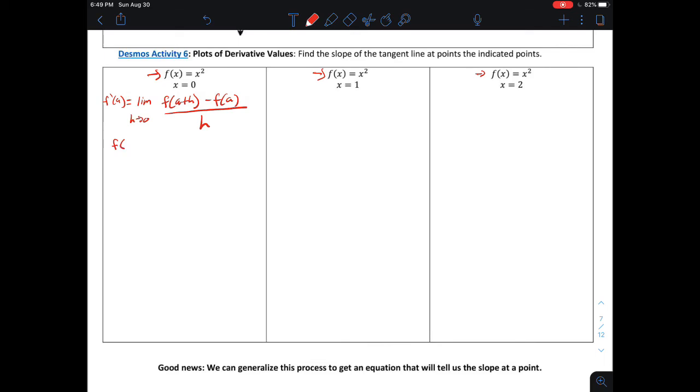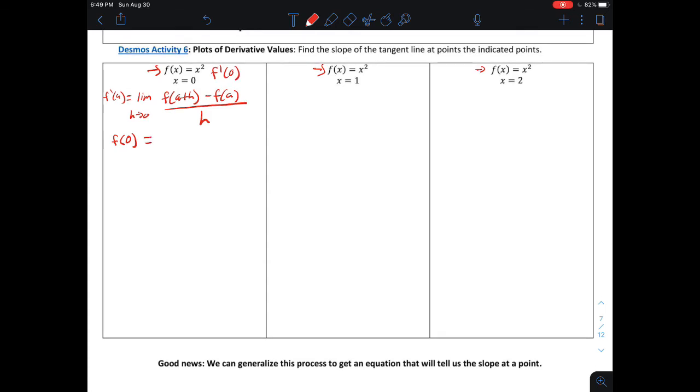So f of a, well, a is 0 in this problem, so we're really looking for f prime of 0. So f of 0 is 0. f of 0 plus h is just h squared, so f prime of 0 is going to equal the limit as h approaches 0 of h squared minus 0 over h, which is going to be the limit as h approaches 0 of h, which just gives me 0.